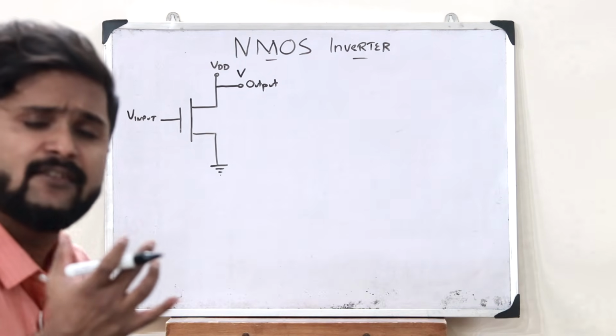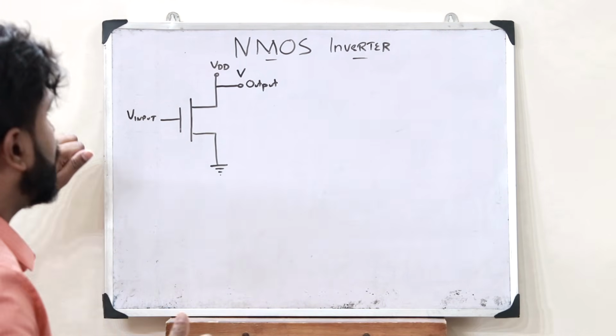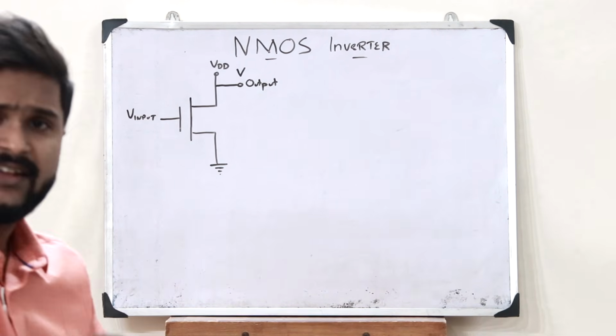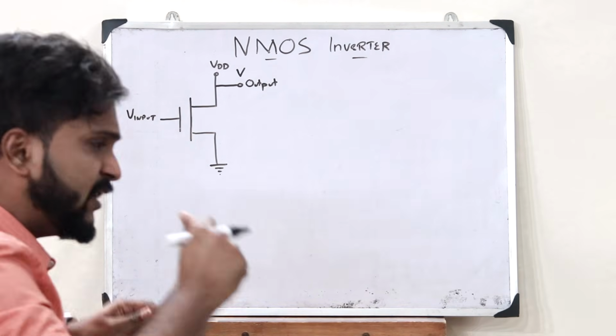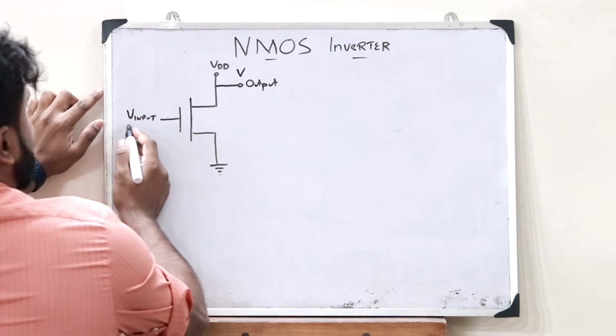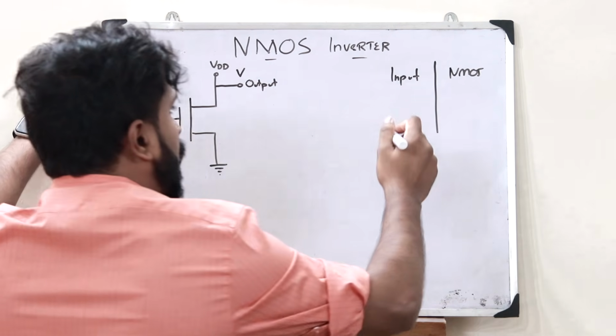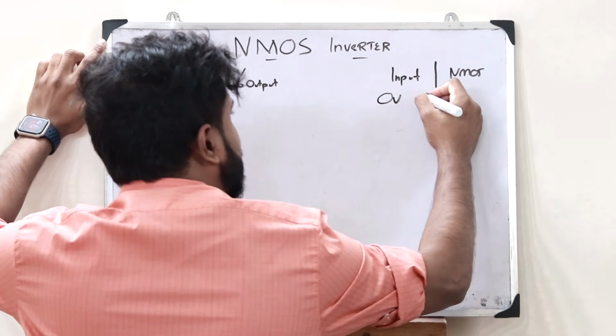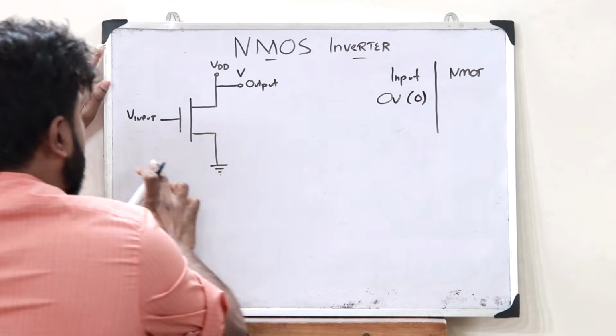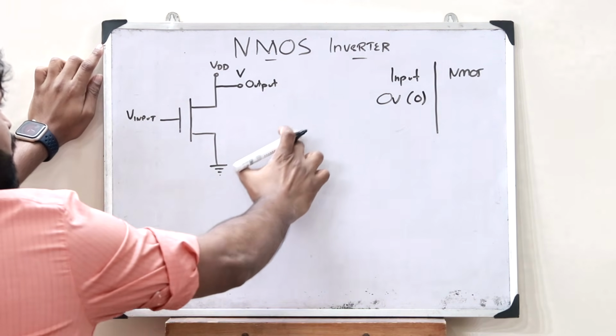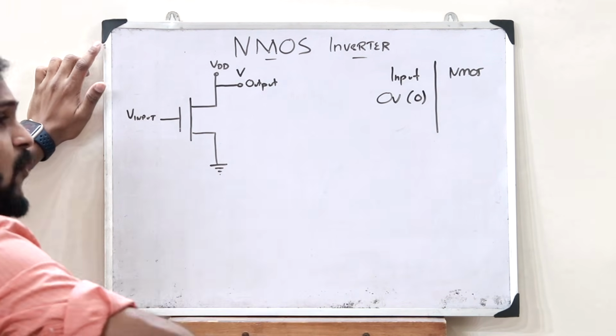The interesting fact about this NMOS inverter is that it acts as a switch. Let me get that clear for you. Here, this is the input. If we are giving 0 volt at the input, that is logic 0, then this switch will be open.